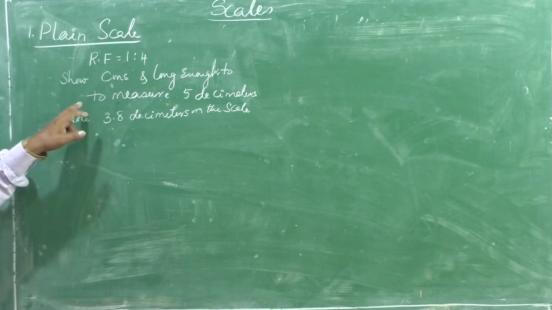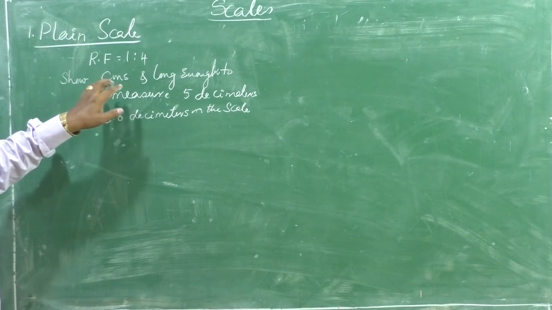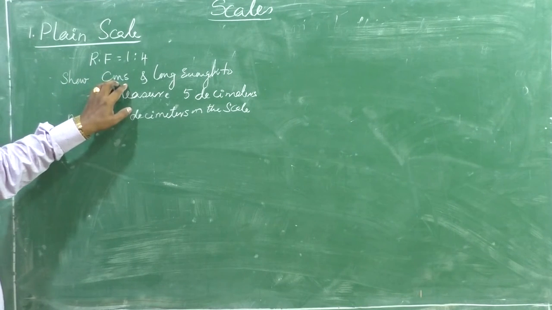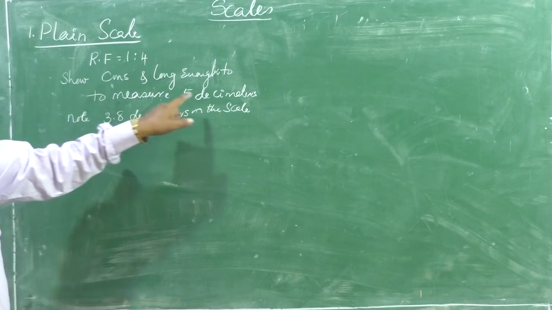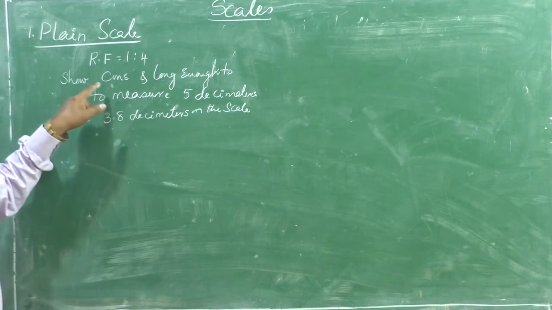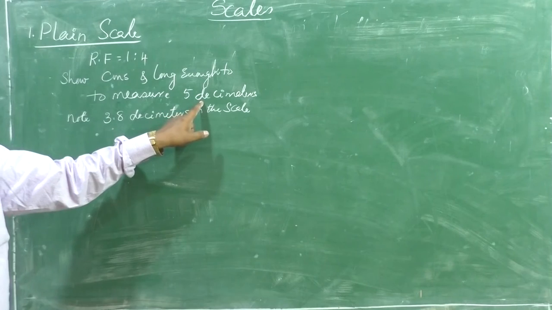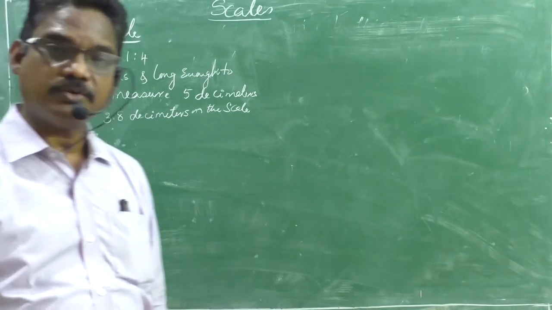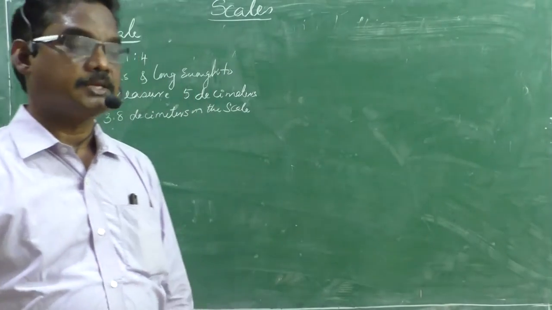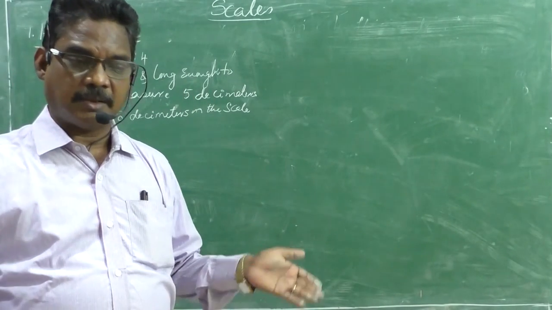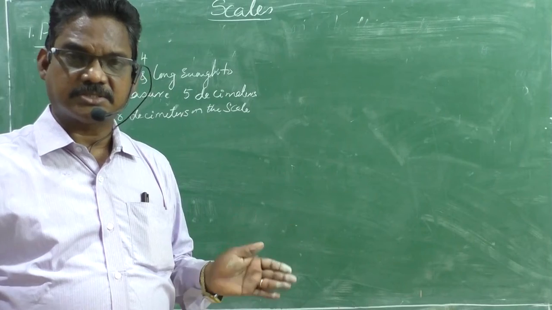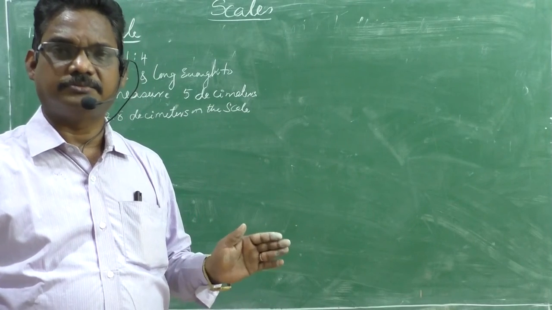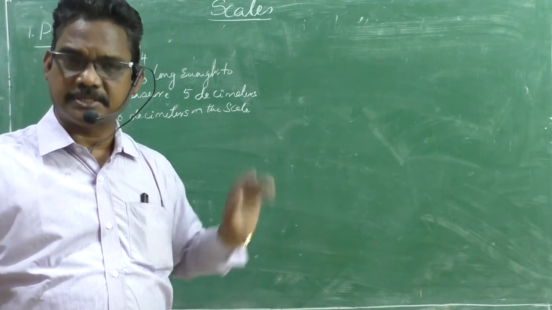Here see, the scale needs to show centimeters and decimeters. And what is the maximum length? That is 5 decimeters. That means in that drawing, the maximum existing length of the object is 5 decimeters.